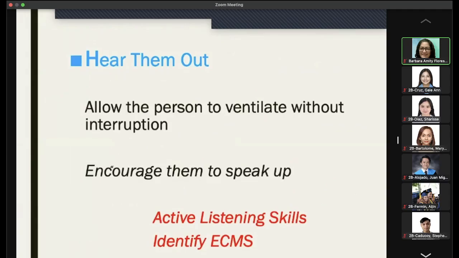So you allow them to ventilate without any interruption. Let them talk, encourage them to speak. Use your active listening skills for them to open up. And while they are talking, identify any possible emotionally critical misperceptions that are causing the behavior.